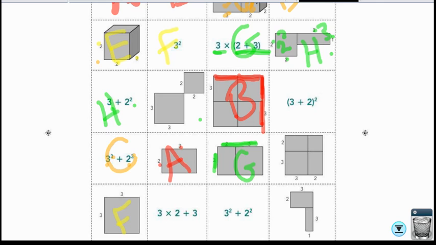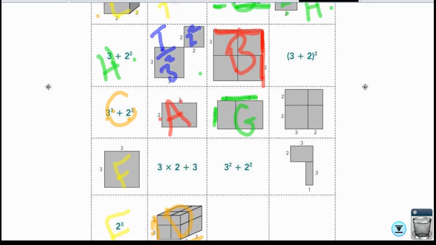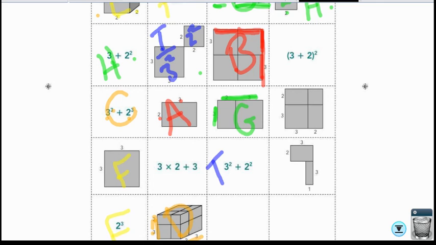Let's look at I. So here I have a 3 square, and then I have a 2 square. Where do I see 3 square and 2 square? Here it is. I. 3 square and a 2 square put together. The next one is I have a 3 plus 2, and it's squared. So it's 2D, and it's a square. Where do I see a square?